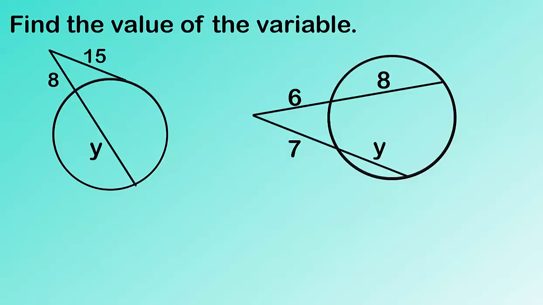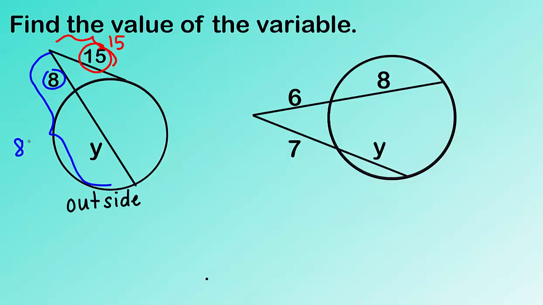Here we identify that we have an intersection outside of the circle. So we use ow, ow. And we'll use 8 plus y.